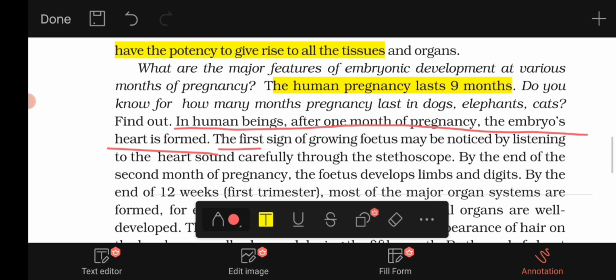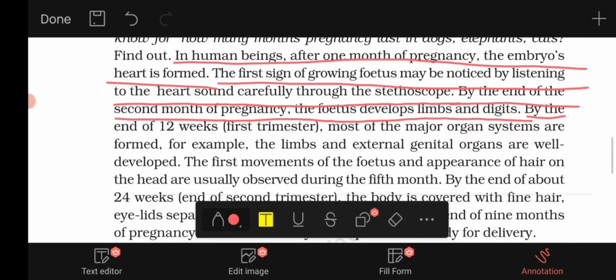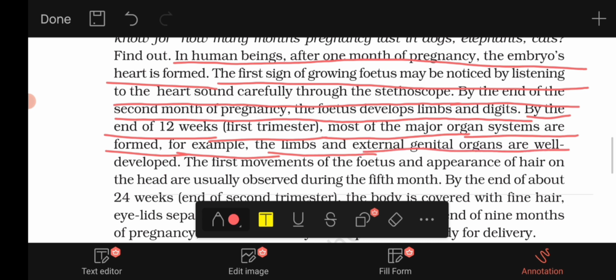The first sign of a growing fetus may be noticed by listening to the heart sound carefully through the stethoscope. By the end of the second month of pregnancy, the fetus develops limbs and digits. By the end of 3 months, that is 12 weeks, also called the first trimester, most of the major organ systems are formed. For example, the external genitalia and limbs are all well developed.